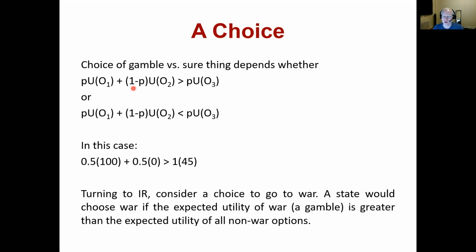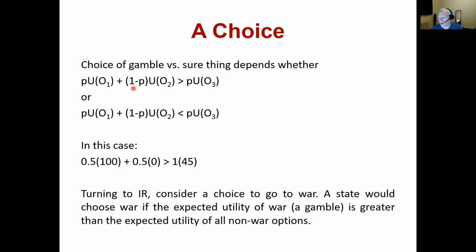You could write 0.7 and 0.3, or you could write 0.7 and 1 minus 0.7 for 1 minus P. And that 1 minus 0.7 is equal to 0.3. Same thing, but the nice thing about writing it as 1 minus P is it makes sure that you don't leave out any probability. Make sure that everything sums to 1, which is what you want, or else you're leaving out an option.